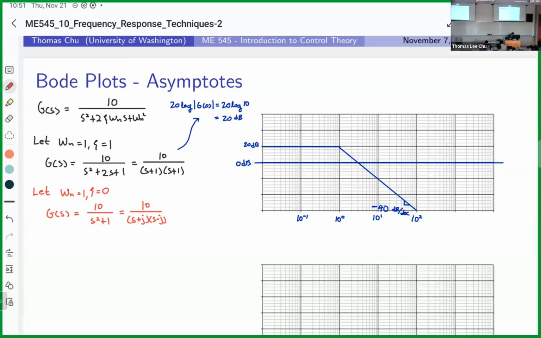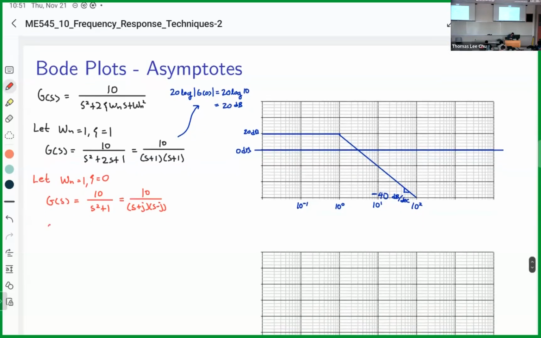Okay, and this is where we see that we have issues, because when we let s equal j omega, then we get 10 over 1 minus omega squared.